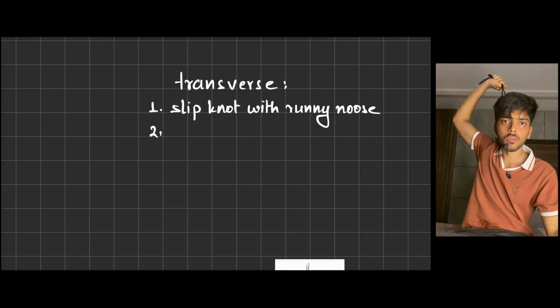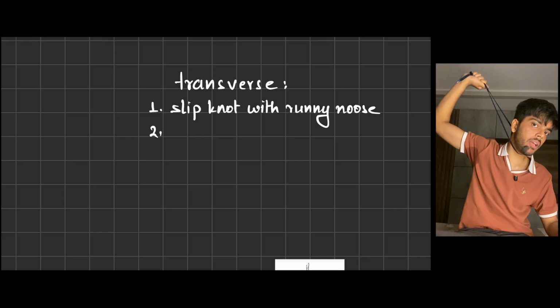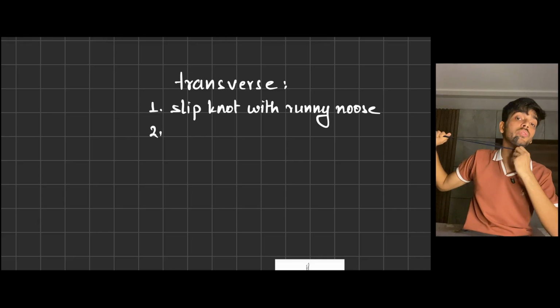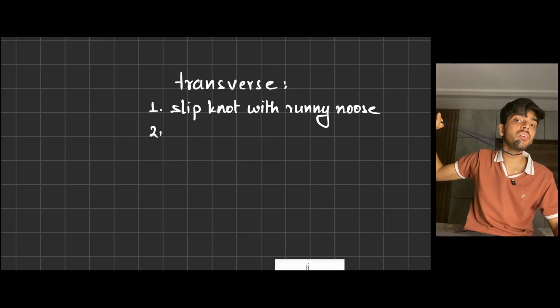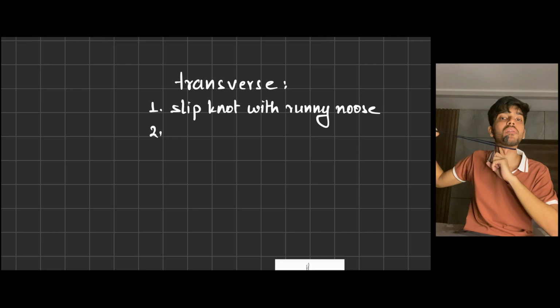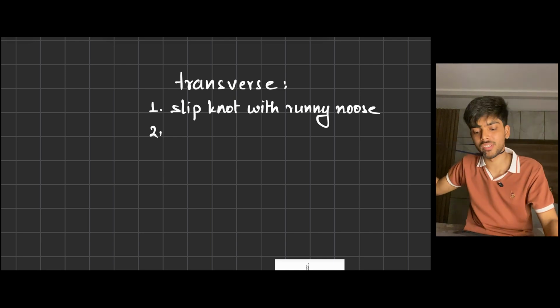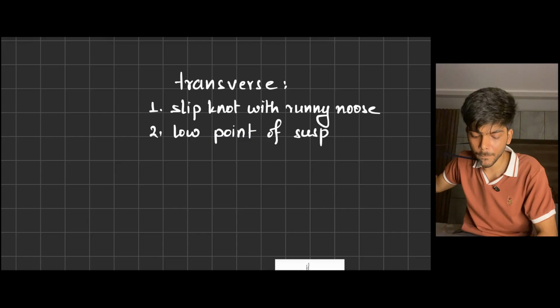Oblique, oblique, transverse. So when the point of suspension is low, you get a transverse ligature mark no matter the type of knot or ligature used. So, low point of suspension.